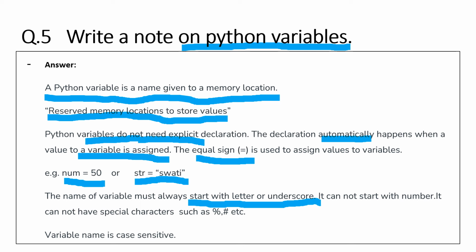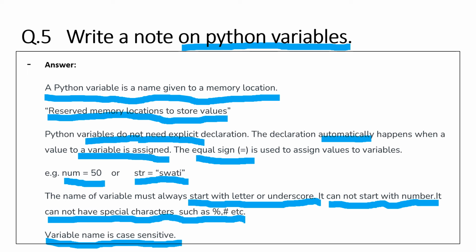The third rule is it cannot have special characters like percentage, hash sign, etc. Variable names are case sensitive in Python. So this is about Python variables.